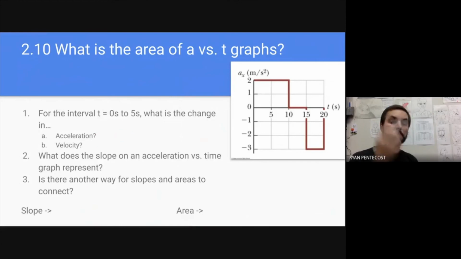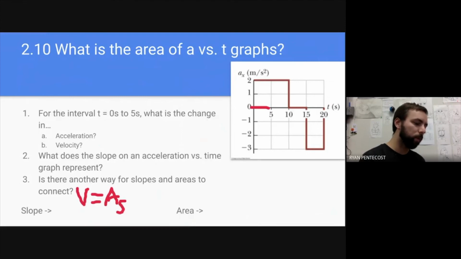So that means that it is constantly accelerating. It is speeding up from 0 to 5 seconds. Now, what is the change in velocity during that time? Well, let's take the area under that graph. It's not really curving, but under that graph. So we have the area, and we're going to use a square. Velocity will be the area of a square, which will be the base, 5 seconds, times the height, which here is 2 meters per second squared.